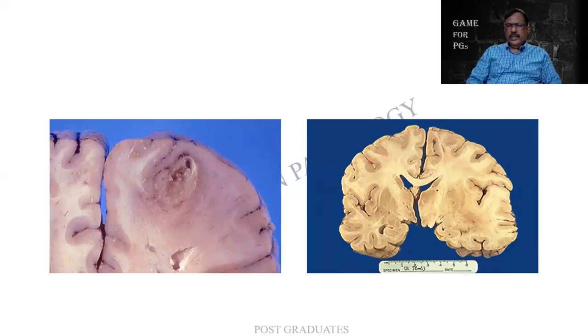Yet another lesion that can be seen in the brain is an abscess. Meningitis is one of the septicemic lesions. Another one can be a brain abscess. Brain abscess is a classical example of liquefactive necrosis. And unlike the other tissues, there is very little fibrosis.